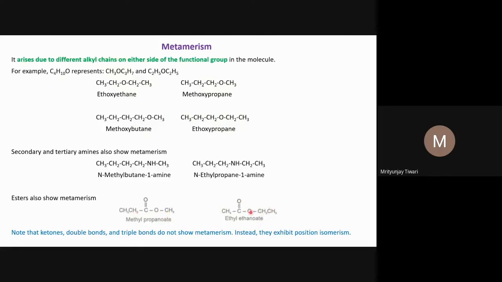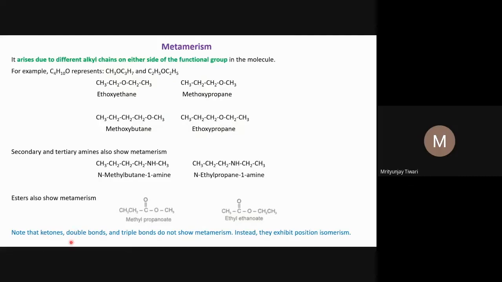So this is another ester, and the molecular formula is the same, so one can also call them metamers. Another metamer: if I bring this CH3 group here, another CH2 group from this, only a hydrogen atom will be left, and put this CH2 group here. So HCOOCH2CH2CH3 will be another ester, and that will also be a metamer. So the esters also show metamerism.